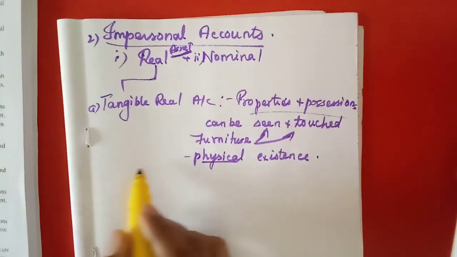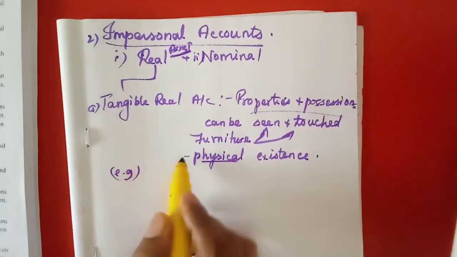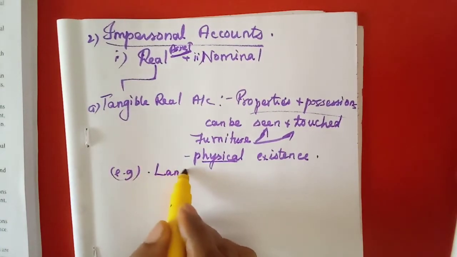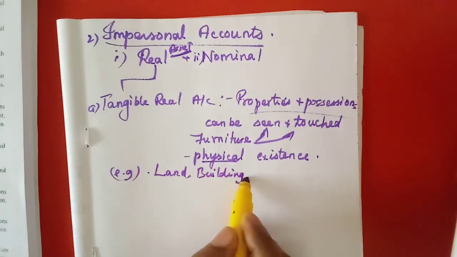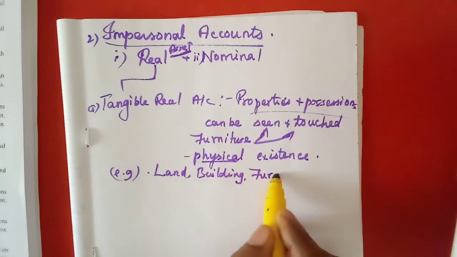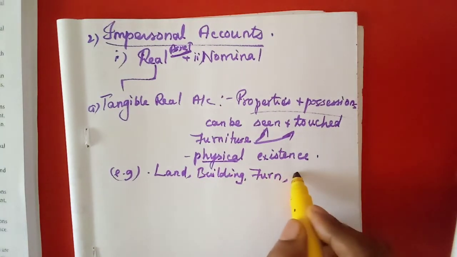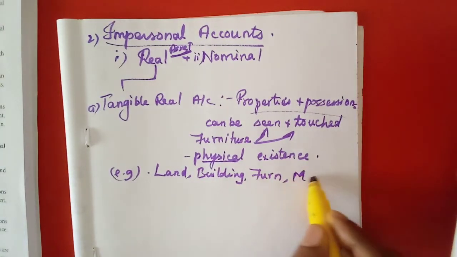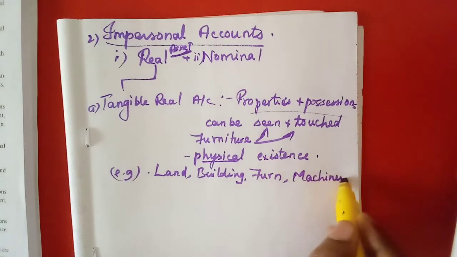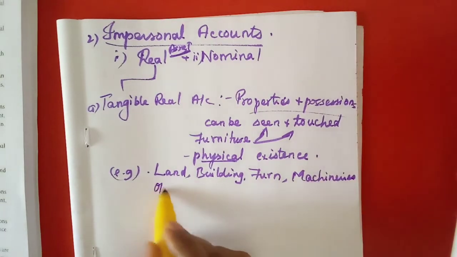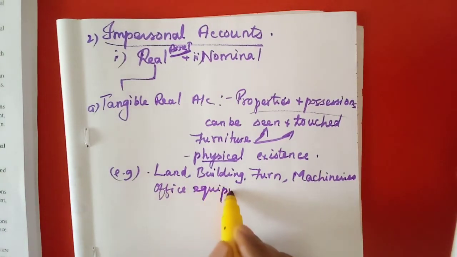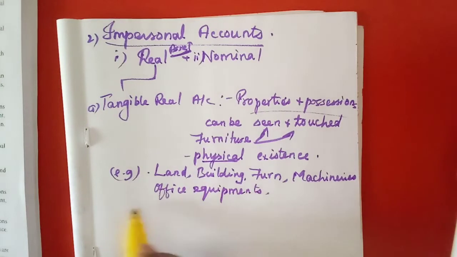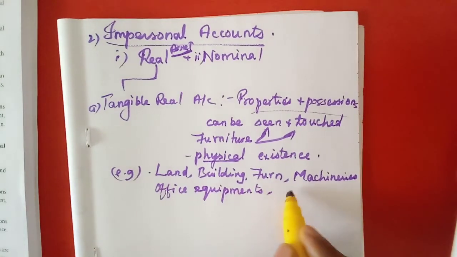Examples: furniture, then land, all the fixed assets. Land we can see, isn't it? Building, furniture, machineries, office equipment, computer, motor vehicle, fax machine, all that we use in the office, then motor vehicle, car.